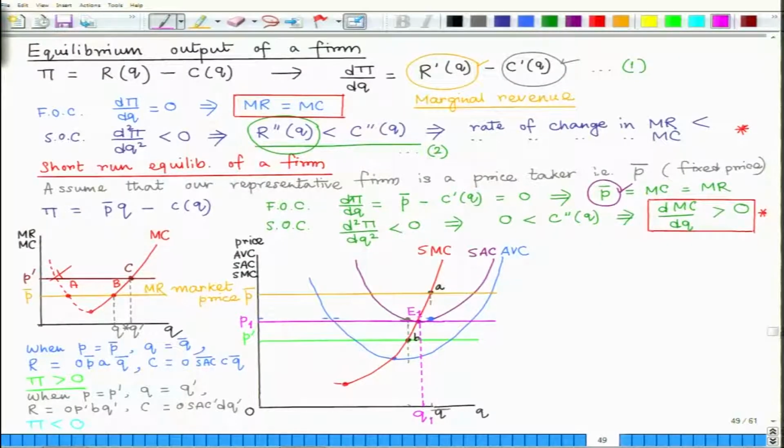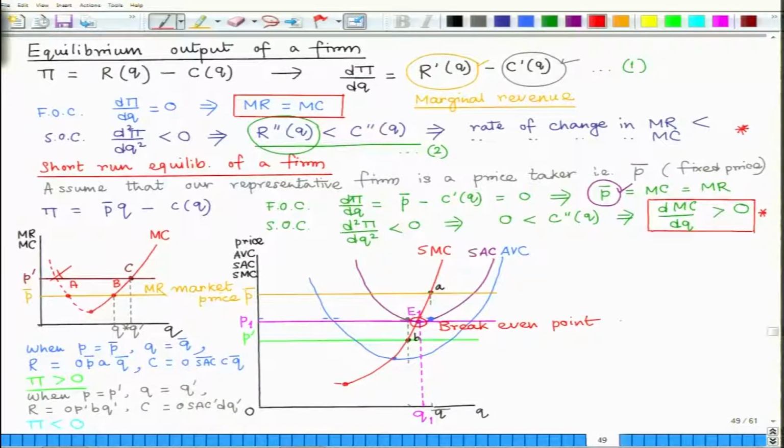This particular point, which is the minimum point of the short run average cost curve, is known as the firm's break even point, because the firm makes 0 profit at this point.